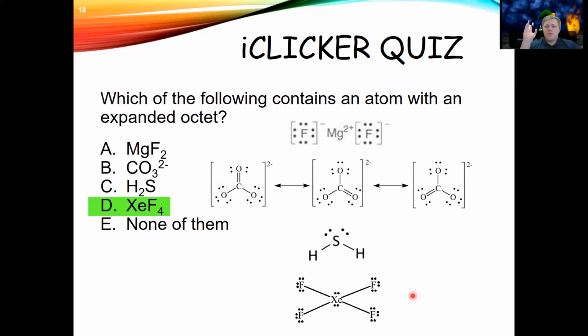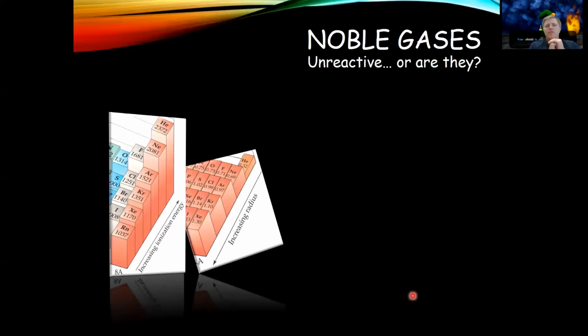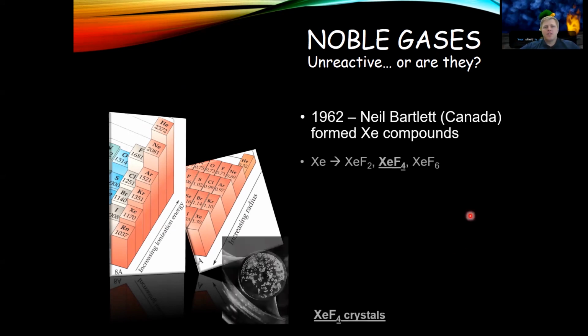So that's most of what we're going to talk about today with these exceptions and rules. So we're just going to finish off with some fun trivia about the noble gases. We talk about these noble gases as being unreactive or unresponsive. And that's not exactly true. It's still mostly true.